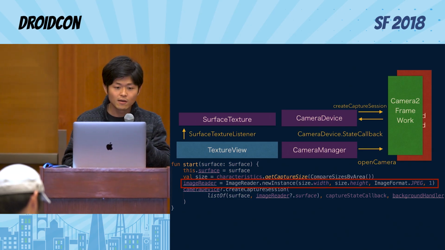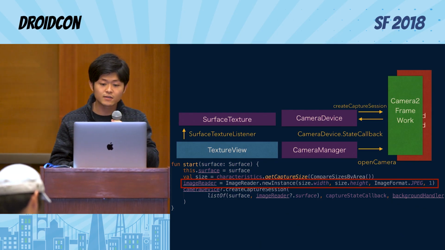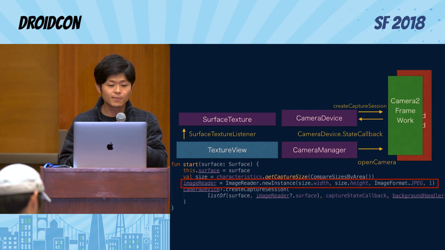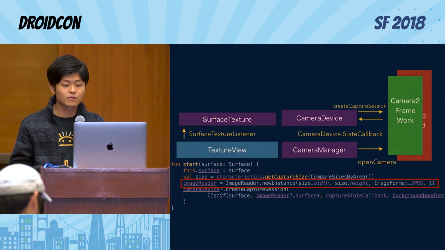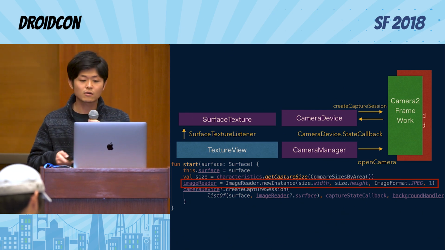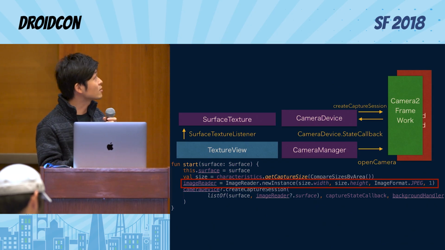Here, before we start the preview, we instantiate the image reader, which is a class to get an image result from the camera device. We call this here because we want to bind it to create the capture session, since after a while we want to take a picture.